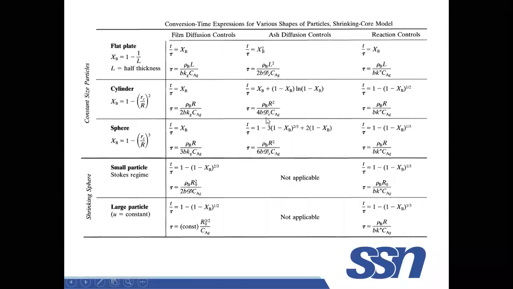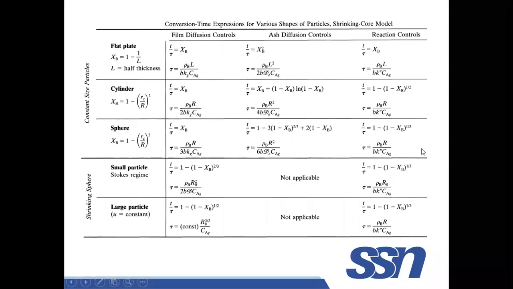K prime, D, kg, rho b, square. This square, everything is the same, except only the volume will change, right? So you can use it for a flat plate also. For a flat plate, XB or L, we call it the thickness, half the thickness. 2L is the thickness, half the thickness.